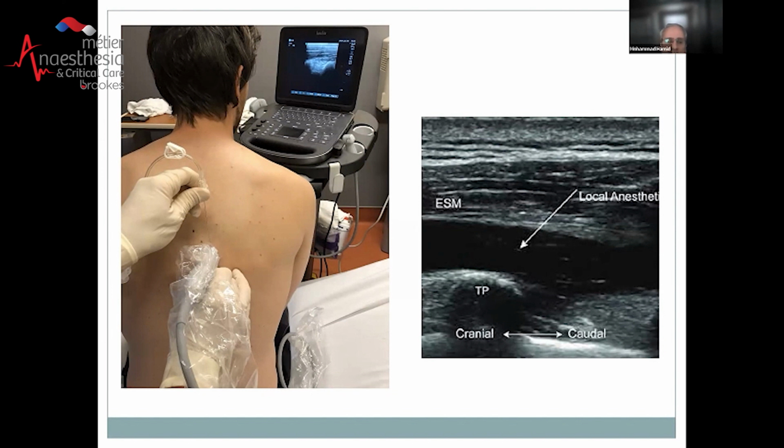Another fascial plane block is the erector spinae plane block. You can do it in a sitting position before the surgery or in the lateral position. This is done under ultrasound guidance.